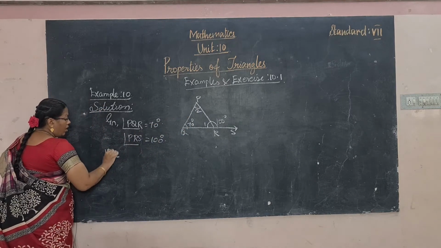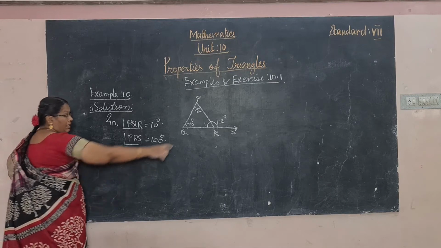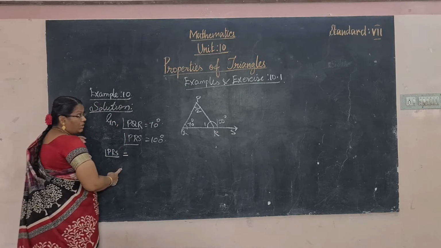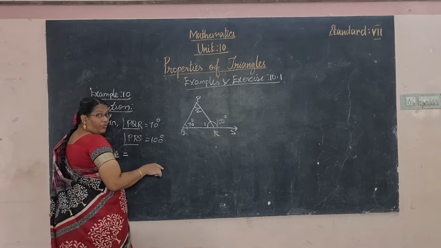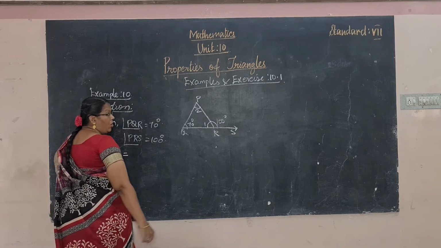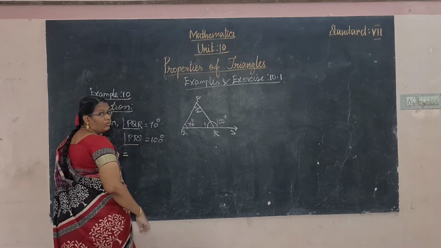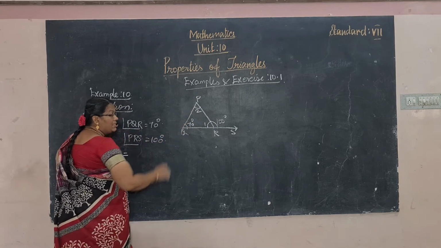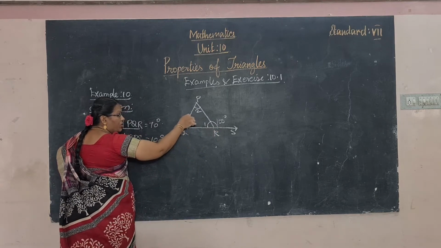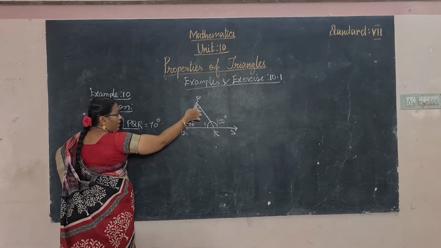Exterior angle PRS is equal to the sum of the interior opposite angles, angle P and angle Q. The exterior angle is equal to the sum of the interior opposite angles.